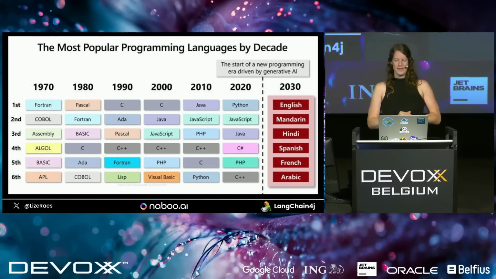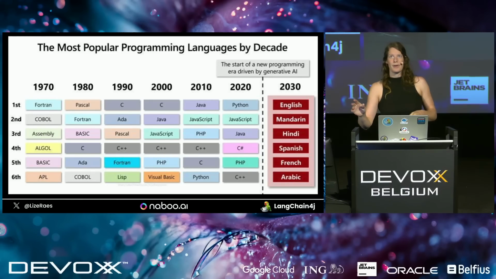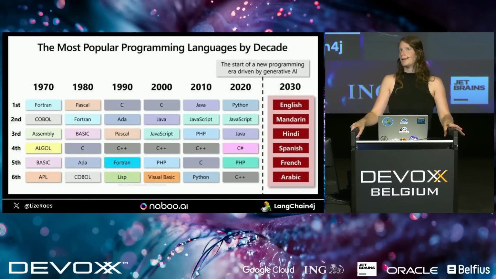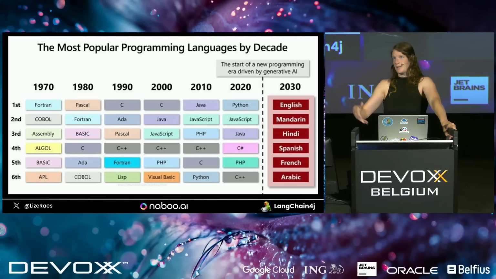So I found this a very interesting slide, that by 2030, by next decade, the most popular programming language might well be human language. And we start slowly going there by, for example, asking ChatGPT to write our code or commenting things for GitHub Copilot to actually write them for us. I think by 2030, this might well be very true.